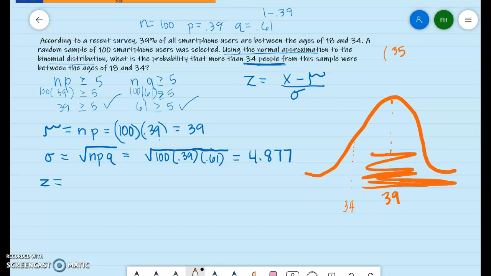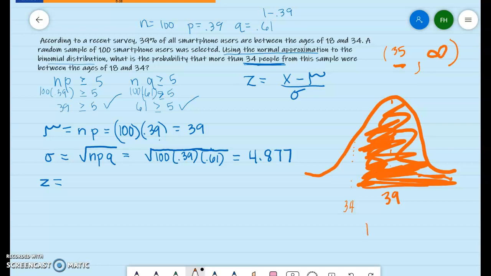So let's think about this. Do you have a left boundary? Yes, our left boundary is 35. Do you have a right boundary? You do not have a right boundary because it's going to continue on to infinity. So here is the rule.